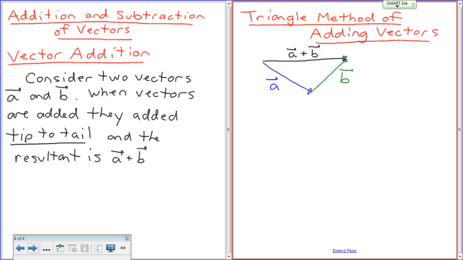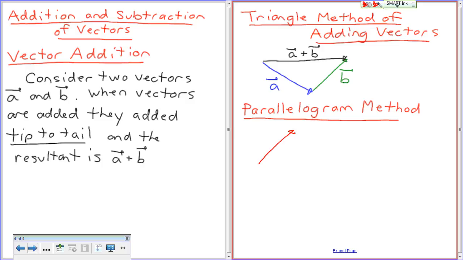Okay. We're also going to say the parallelogram method. I will not use this method, but you may if you want to. All right, Caleb.